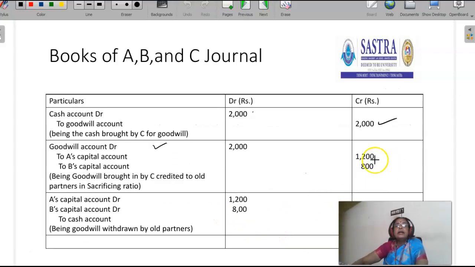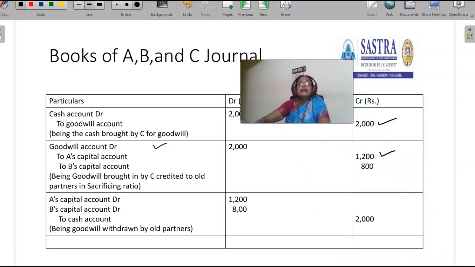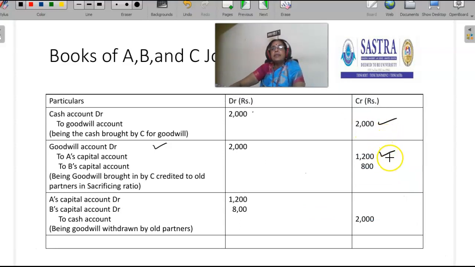So if we distribute the goodwill premium among the old partners, A's capital account is credited to the extent of 1,200 and B's capital account is credited to the extent of 800 rupees. Then the old partners withdraw the amount. We have to assume that the entire amount is withdrawn by the old partners.